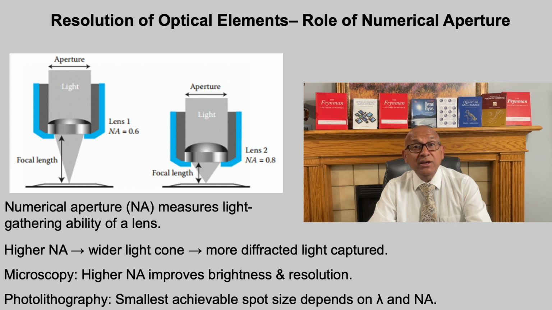In microscopy, this translates to brighter images and finer detail because more scattered light from small features is collected. In photolithography, the same principle applies. The smallest achievable spot size, and therefore the smallest pattern we can print, depends on both the wavelength of the light and the numerical aperture. This is why modern semiconductor tools use very high NA lenses in combination with short wavelength light sources, pushing resolution to its limits.